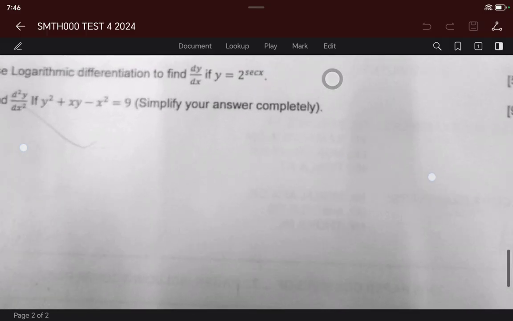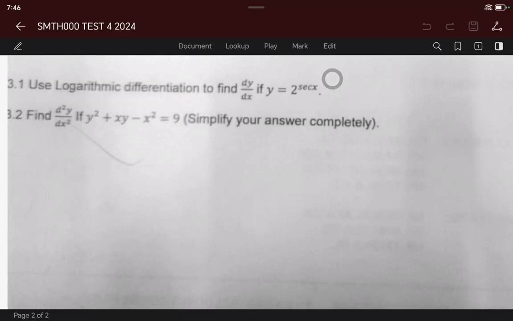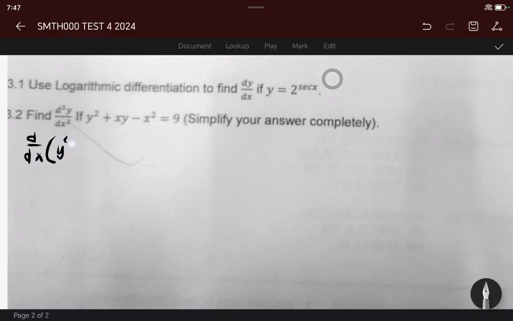So the question here, they say find d squared y over dx squared if we're given this function. Alright, so what we can do first, we introduce d over dx on both sides. Then we have xy minus x squared, which is equal to 9.